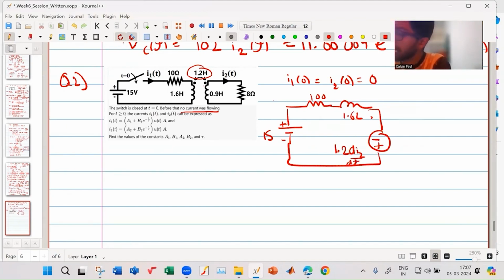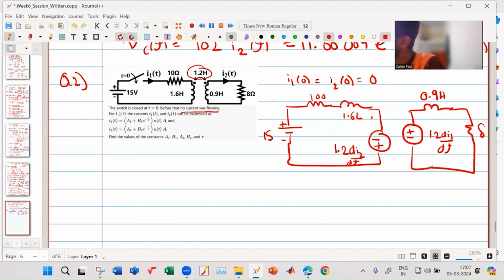And for this dot, current is flowing into the first dot, so over here the voltage will be plus minus 1.2 into di1 upon dt, into 0.9 Henry into 8 ohm. This is your I1 of t. This is your I2 of t. Is this part clear? This is because of the dot convention.